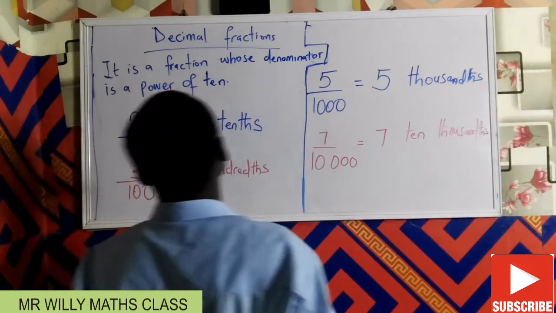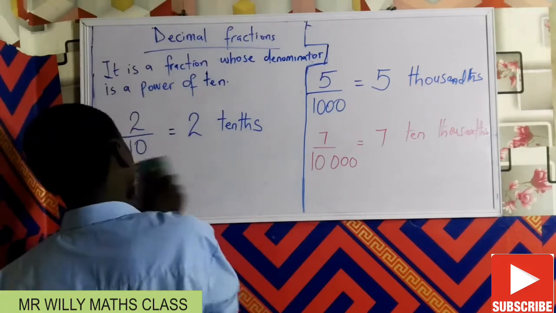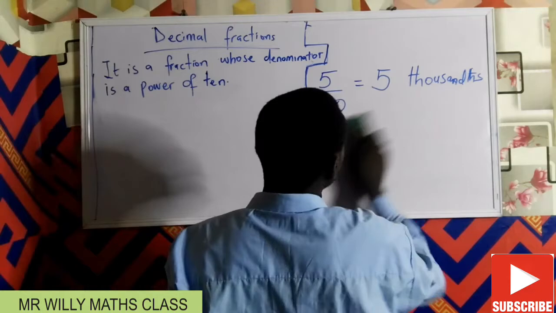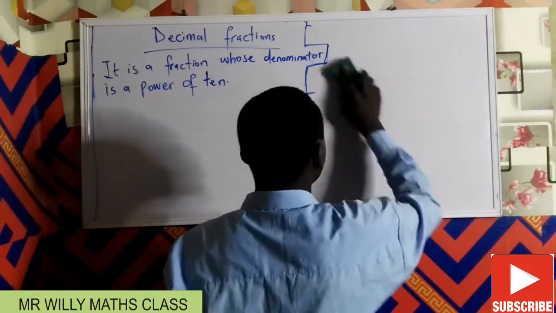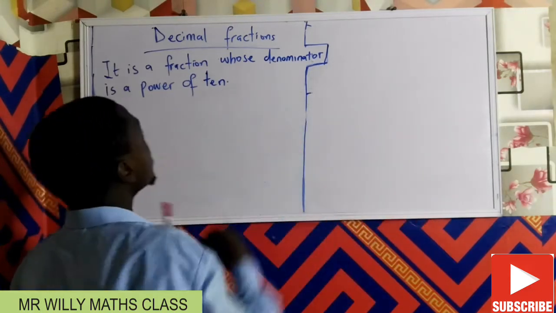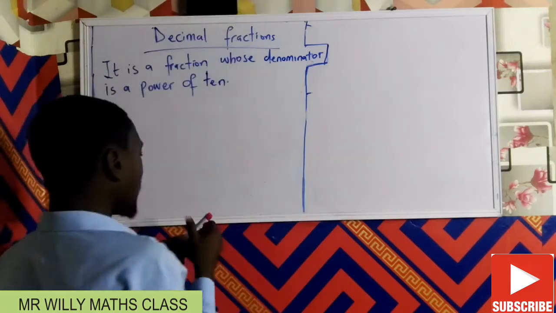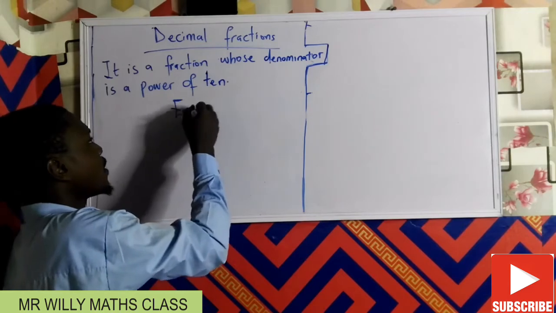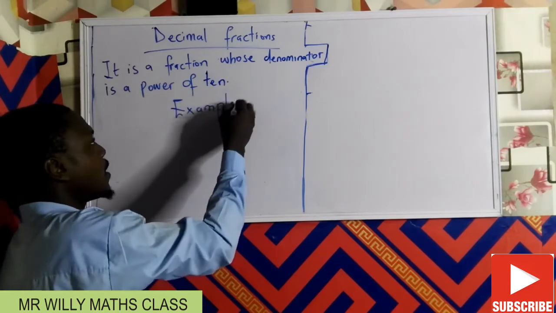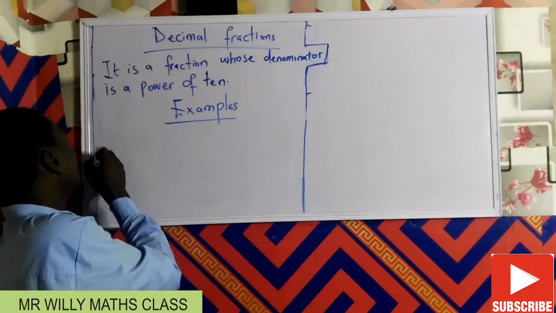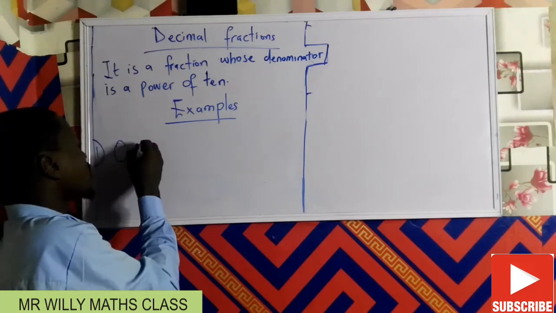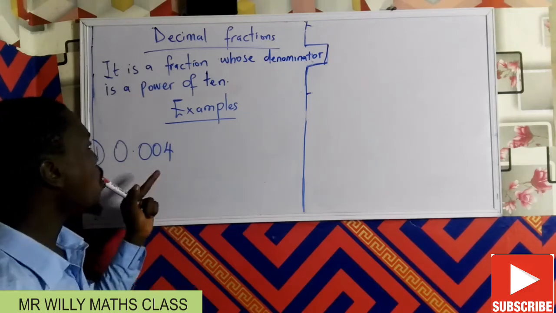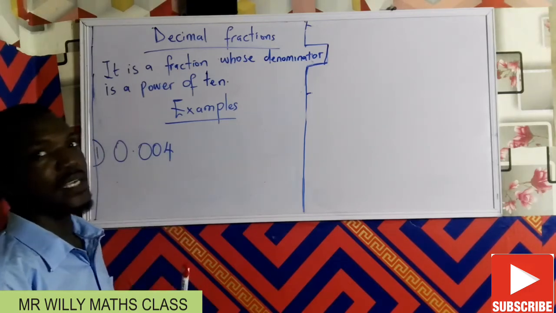So let's move further. Now, how do we change a decimal figure into a decimal fraction written in words? If you pay attention, you will get it. It's very simple. Let's assume that you have 0.004 and you are asked to write it as a decimal fraction in words.